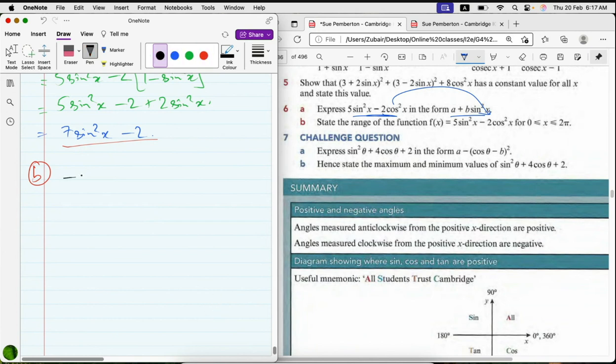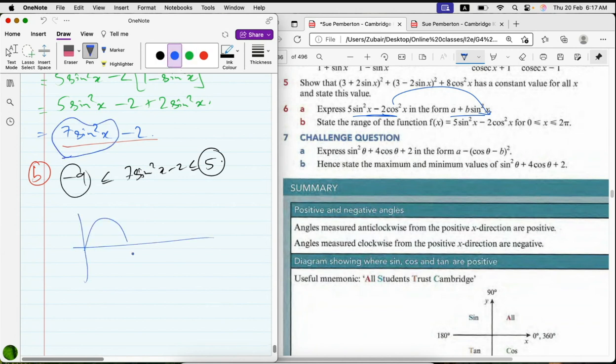Negative 9 less than or equal to 7 sine square x minus 2 less than or equal to 5. If you just look at this part, this shows you 7 and minus 7 because the amplitude is 7. Then minus 2 would bring everything down by 2 units. So 7 drops down to 5 and minus 7 would drop down to minus 9. So the range of the function f of x is from minus 9 to 5.